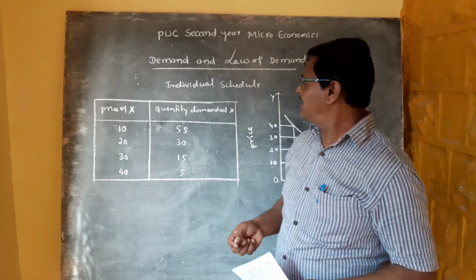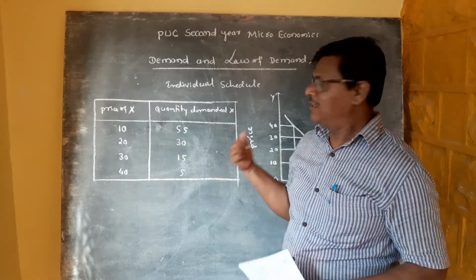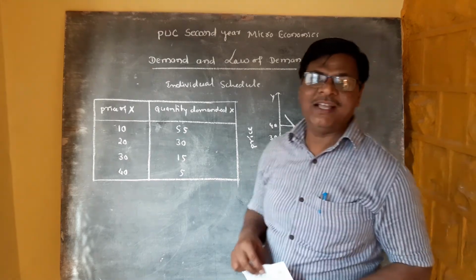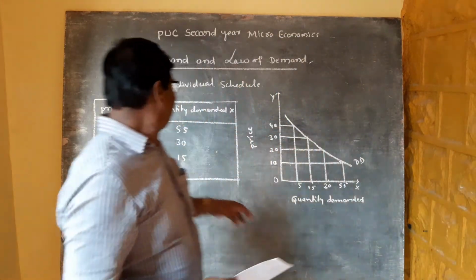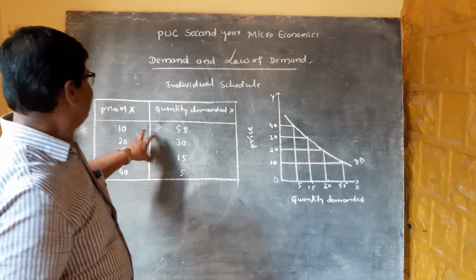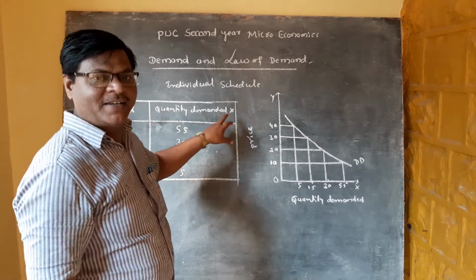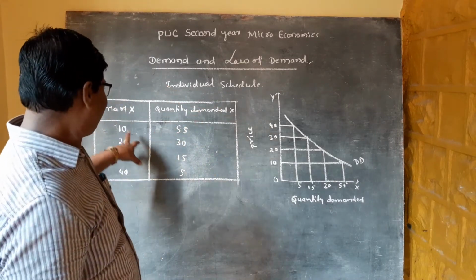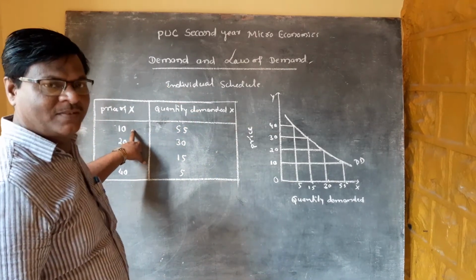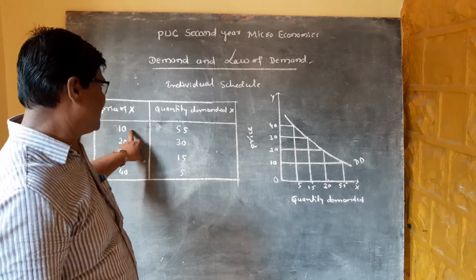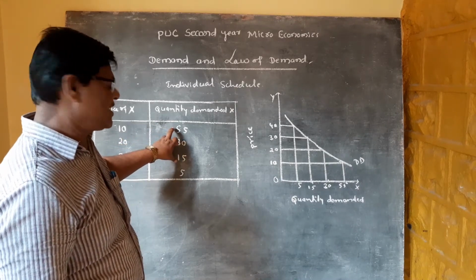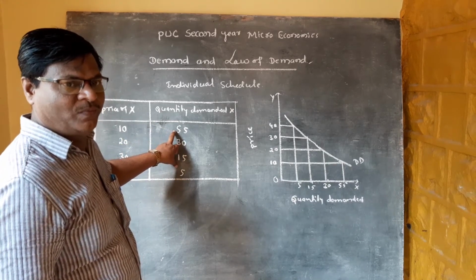Now we can understand the individual demand schedule. It has two columns: price of X and quantity demanded of X. When the price of X is 10, the quantity demanded of X is 55.